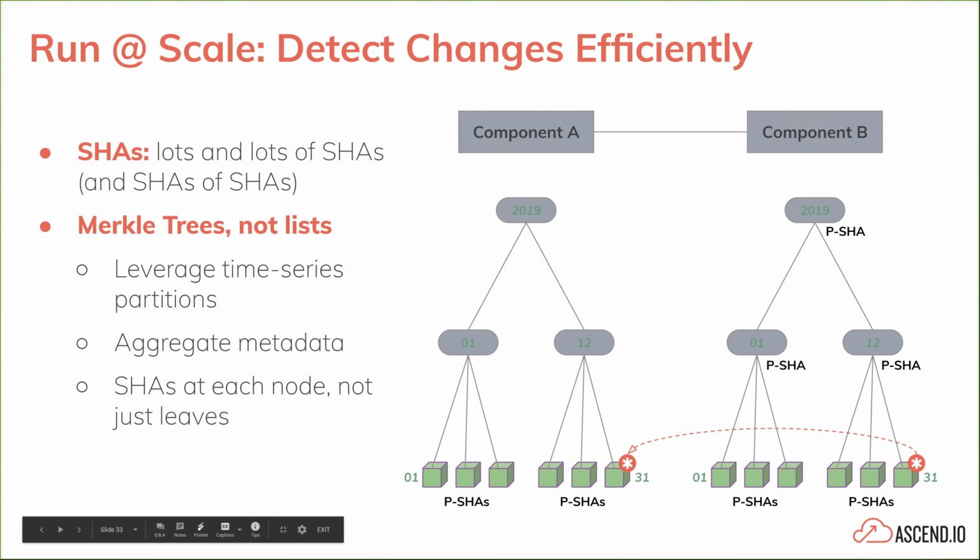We can create p-SHAs at every level of that time series hierarchical data and quickly evaluate them at every level of the tree. We get huge efficiencies here, obviously, of trees over lists, as well as the ability to handle multiple levels of SHAs and do SHAs across multiple different dimensions. And so this allows us to not so naively just compare every single partition SHA across billions of partitions, but do it much, much more intelligently.